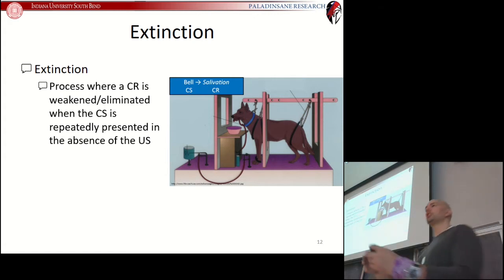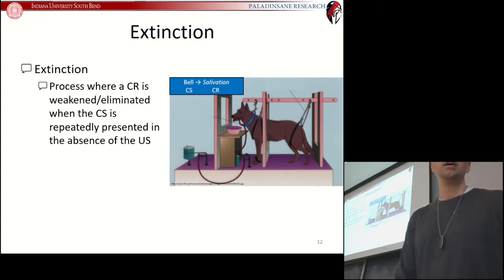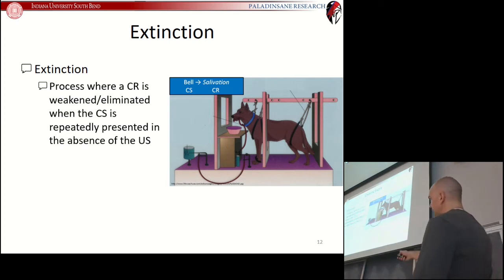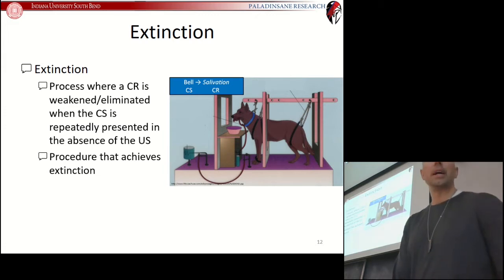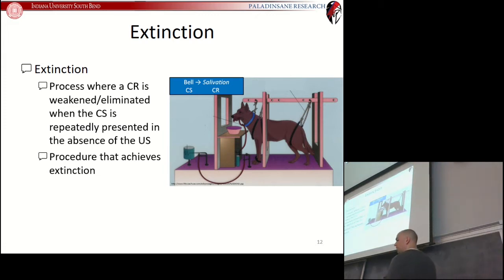You get rid of the conditioned response, which is what we want to get rid of, by repeatedly presenting the conditioned stimulus, but no longer pairing it with the unconditioned stimulus. So that's the procedure of extinction. And the effect that this procedure achieves is also called extinction. So you can say, I went through extinction, and now my CS has achieved extinction, right? So it's used for both cases, but this is what you do in order to undo the learning that occurred.